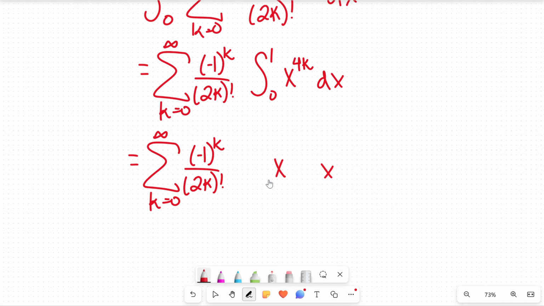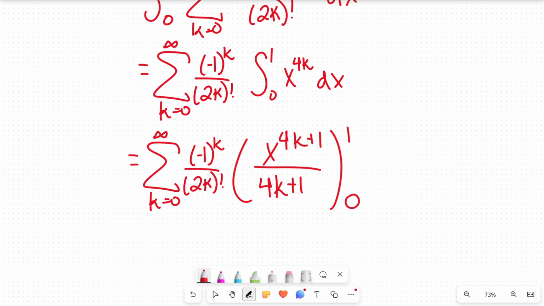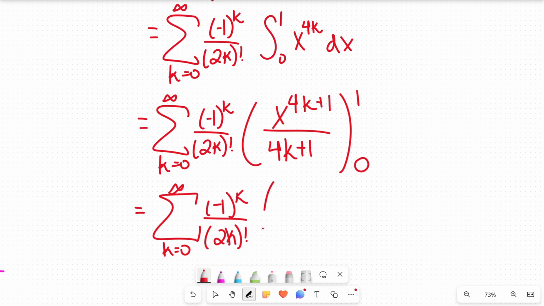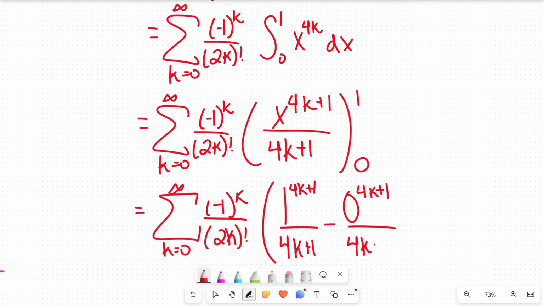So when I go to integrate, this is going to turn into x to the 4k plus 1 divided by 4k plus 1, and then I'm evaluating between 1 and 0. So when I go to substitute this in, k equals 0, negative 1 to the k, over 2k factorial. When I go to substitute this in, again, I'm only substituting in for x. So I have 1 to the 4k plus 1 power all over 4k plus 1, and then I'm subtracting 0 to the 4k plus 1 power all over 4k plus 1.